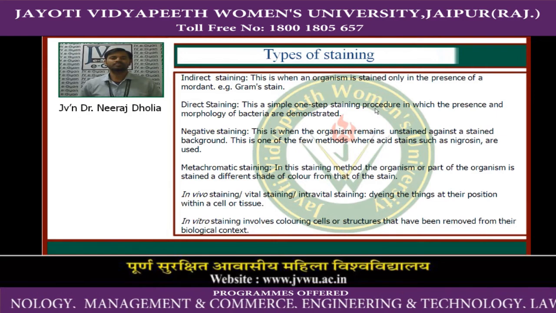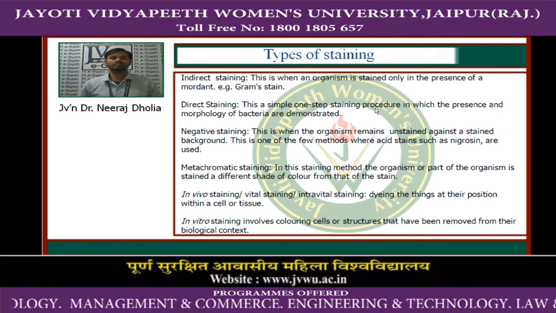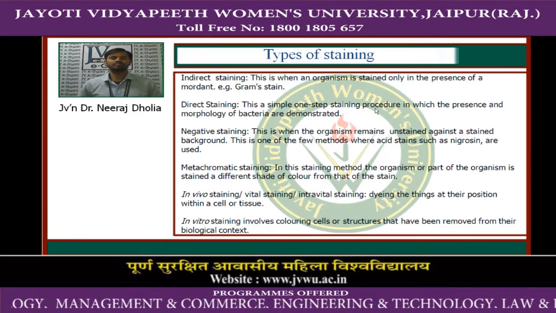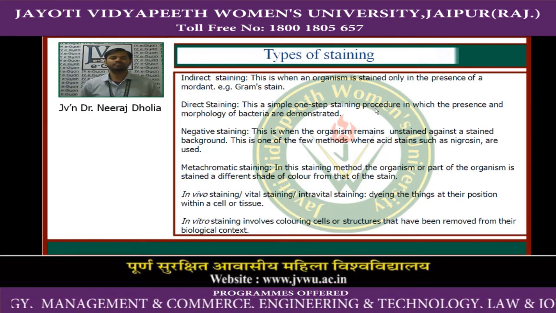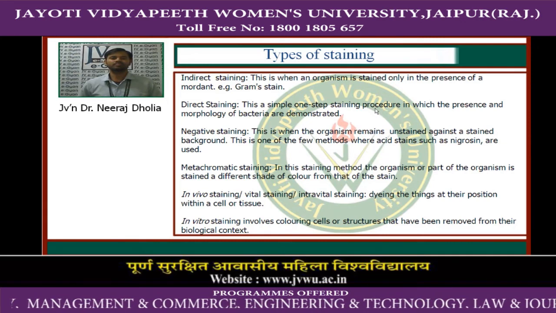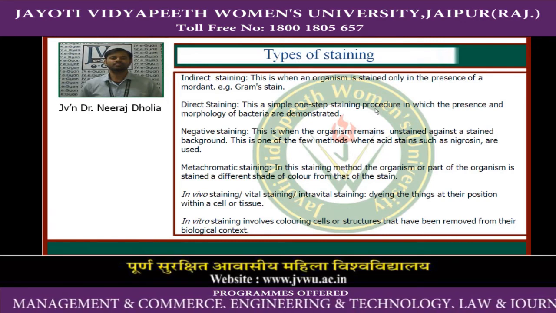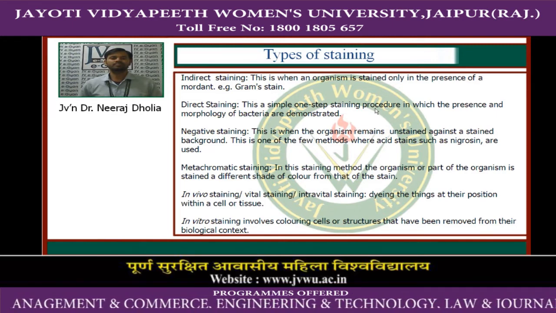And there are two staining techniques or types. One is in vivo staining, also known as vital staining or intravital staining. If you dye things at their position within a cell or tissue, this is known as in vivo staining or vital staining. In vivo means at their biological places.